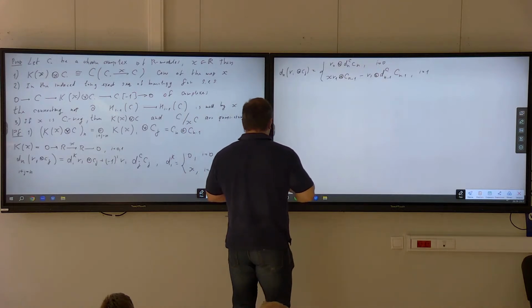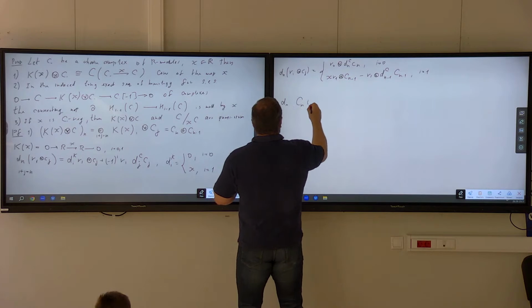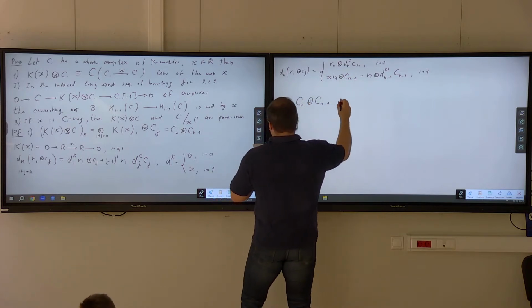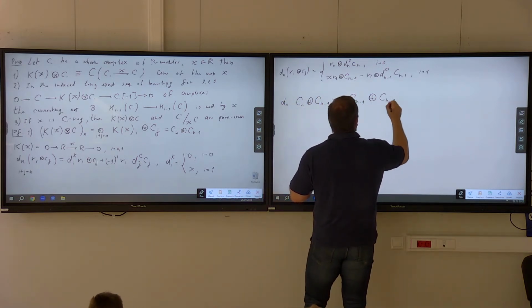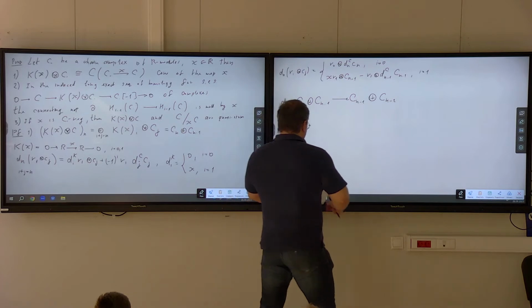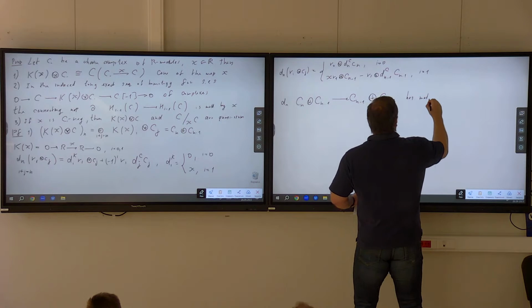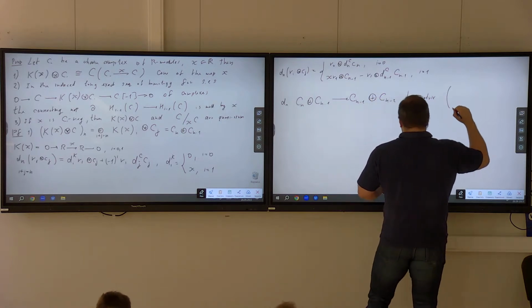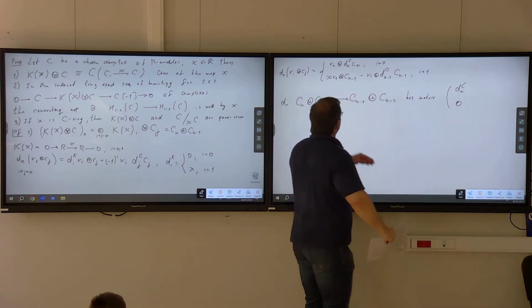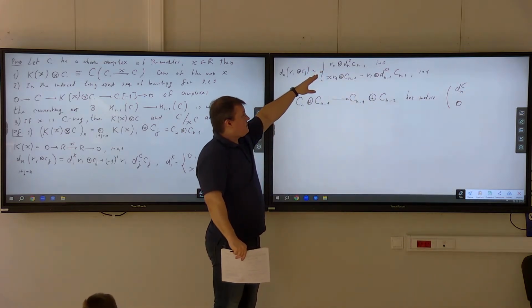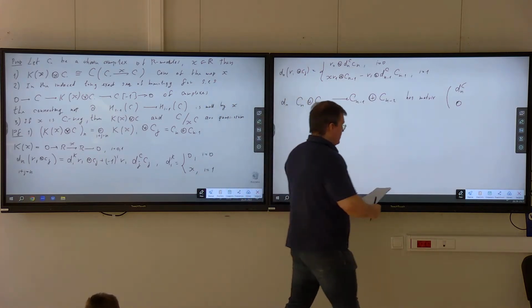So if I want to write the matrix of the differential dn from Cn plus Cn minus 1 to Cn minus 1 plus Cn minus 2, I want to write a 2 by 2 matrix. As a matrix, the first line just gives me the differential on C, and I don't do anything on the second summand, so this is 0.